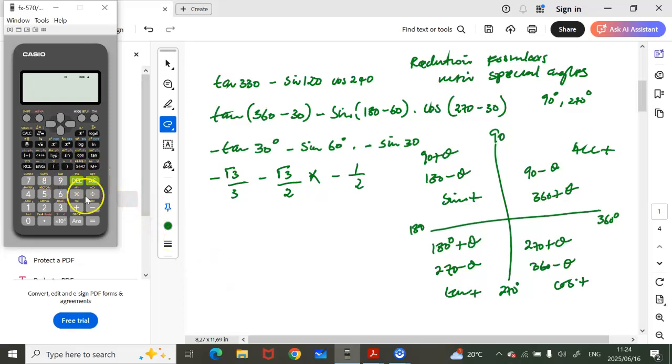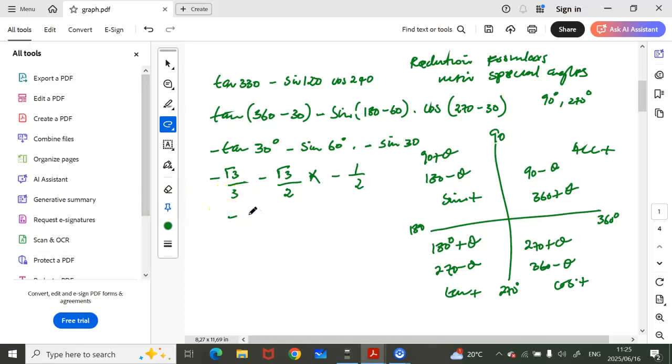Minus the square root of 3 divided by 3, minus the square root of 3 divided by, no. Let's put this first, square root of 3 divided by 2, and then we multiply this by negative 1 over 2, and the answer is minus the square root of 3 over 12.